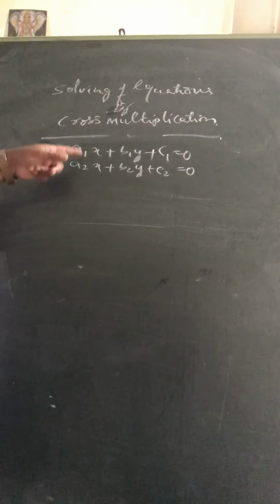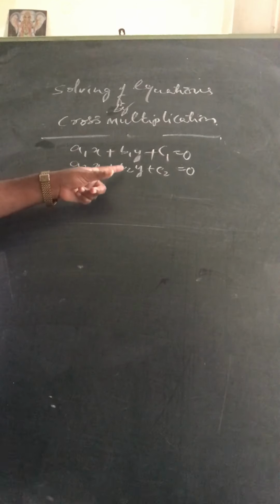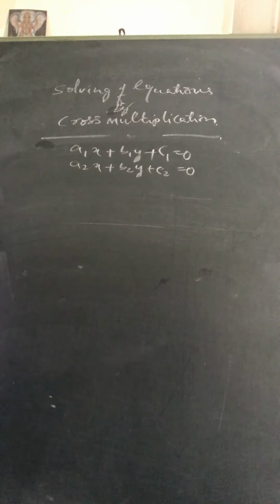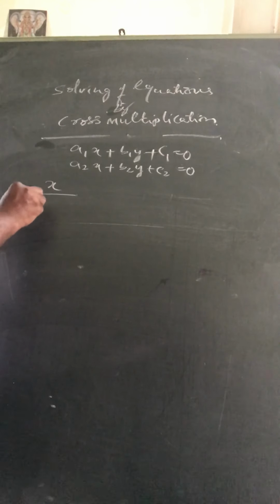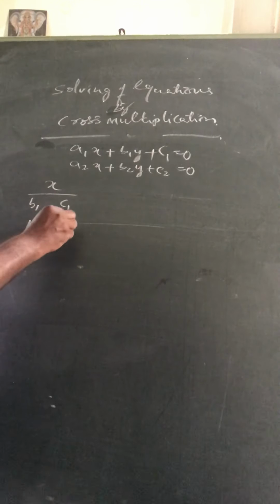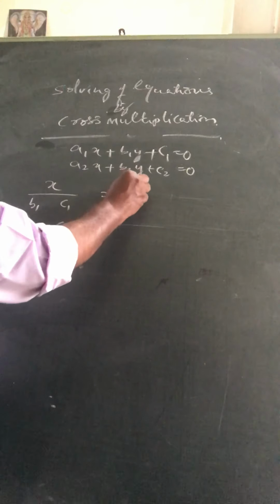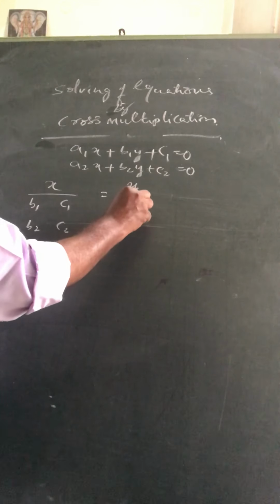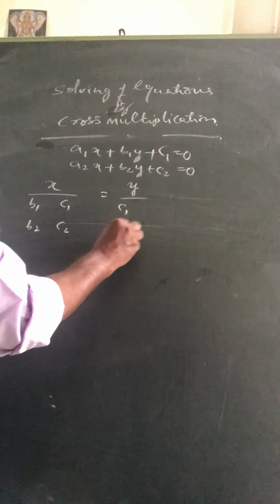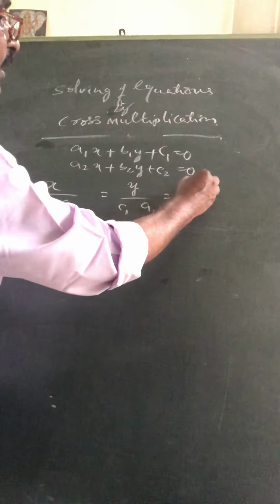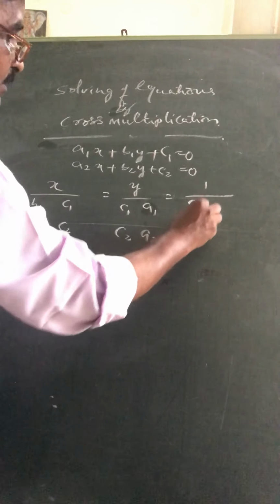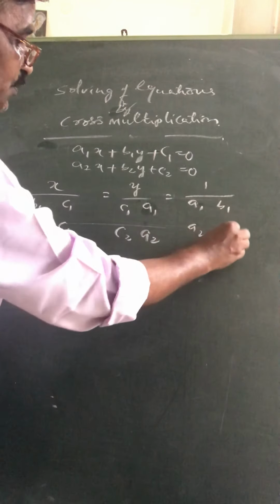In this form we have to write, and then the coefficients of x terms are a1, a2, coefficients of y terms are b1, b2, and constants are c1 and c2. This we have to write as x by b1, b2, c1, c2 is equal to y by c1, c2, a1, a2 is equal to 1 by a1, a2, b1, b2.